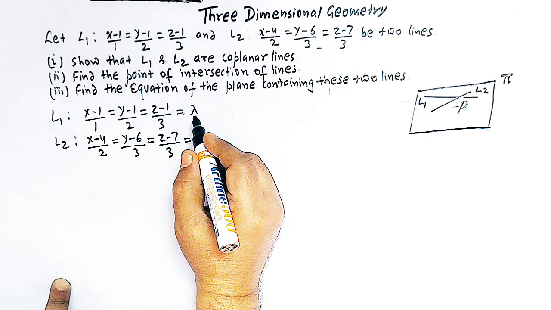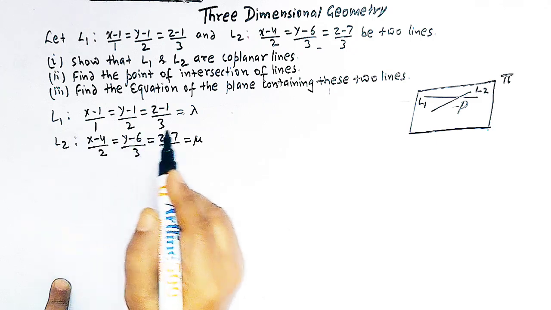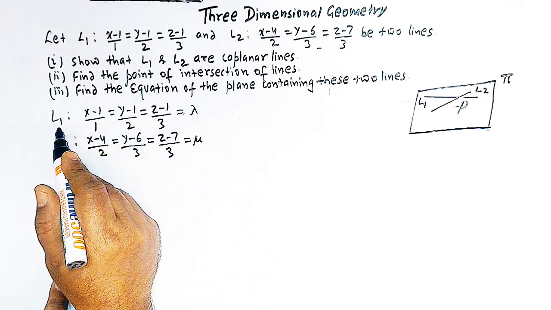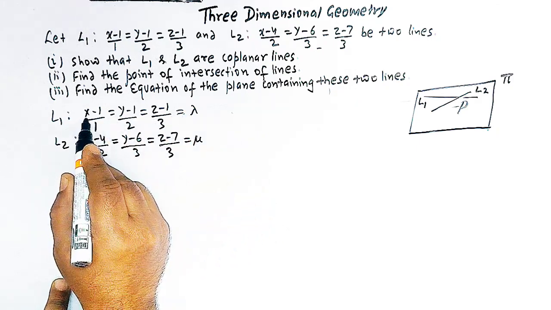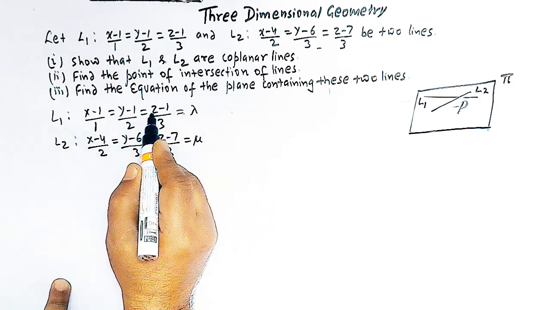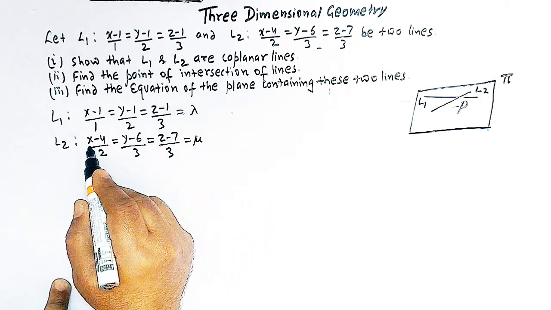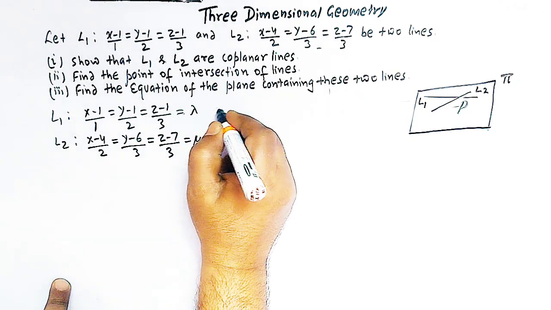The purpose of introducing lambda and mu is to get the coordinates of the general point lying on the lines L1 and L2. So let us find the values of x, y and z in terms of lambda, and the values of x, y and z in terms of mu.